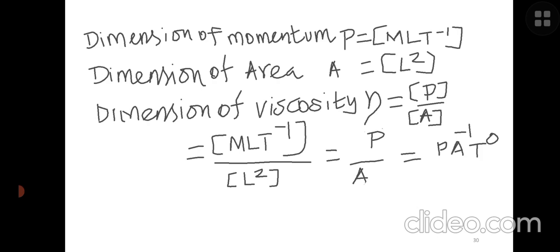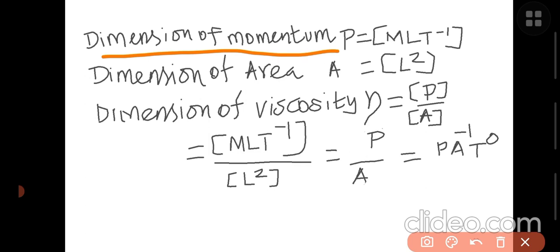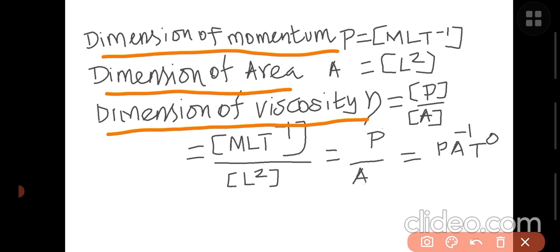Dimension of momentum P equal to M L T to the power minus 1. Dimension of area A equal to L square. Dimension of viscosity is equal to P by A. Substituting the dimensions for momentum as well as the area, we get this formula which is equal to P by A. This can be written as P A to the power minus 1.